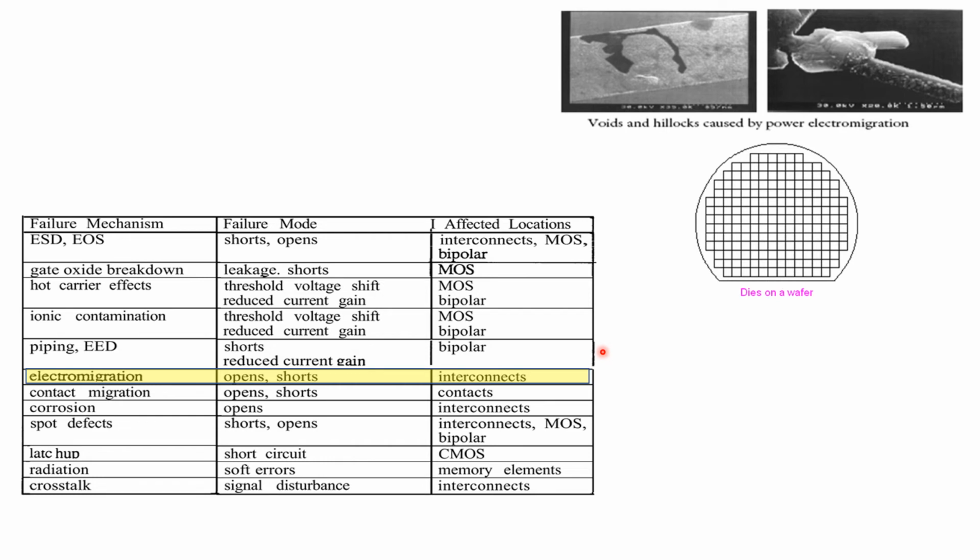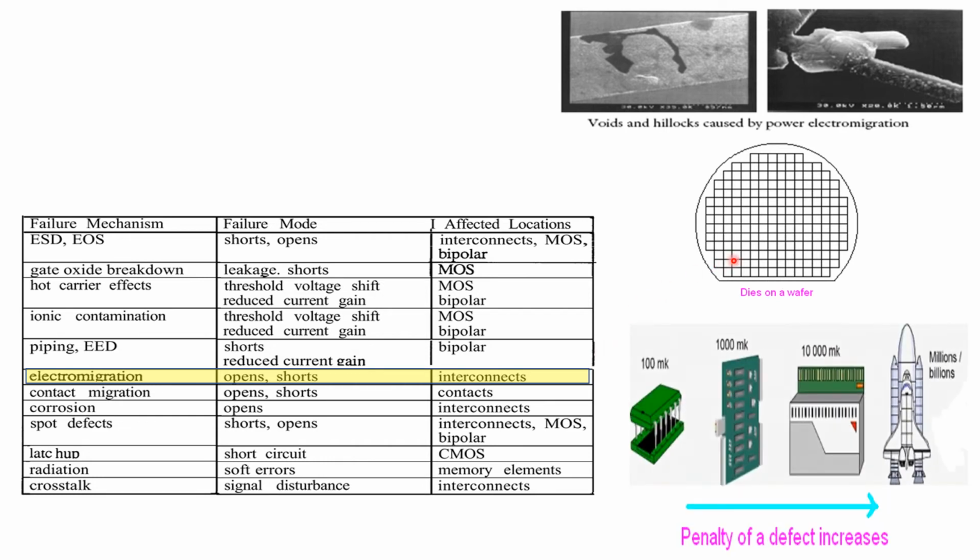So the main reason for this is that we want to improve the number of good dies in the wafer. If we don't catch it before the system is made, we will lose a lot of money. Okay, it is better we figure it out at the early stage.